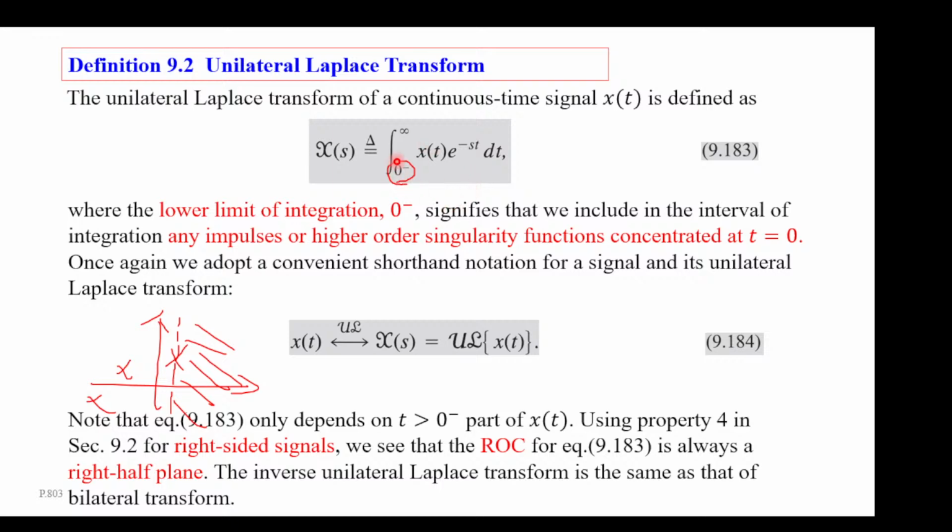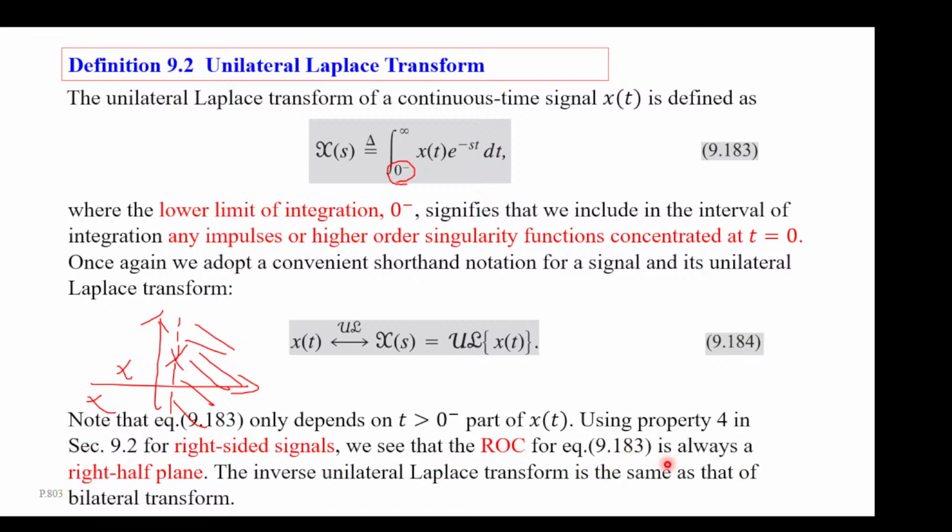And also, because this integration only depends on the t greater than 0 part of x(t), the ROC is always a rightmost half plane. So you actually don't need to specify the ROC for the unilateral Laplace transform.